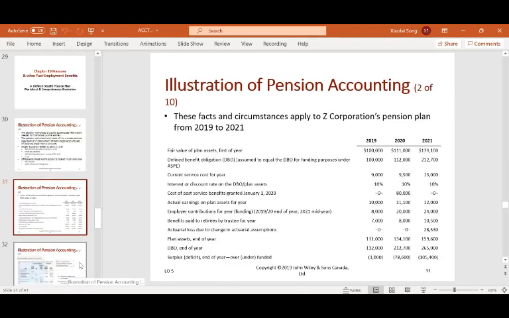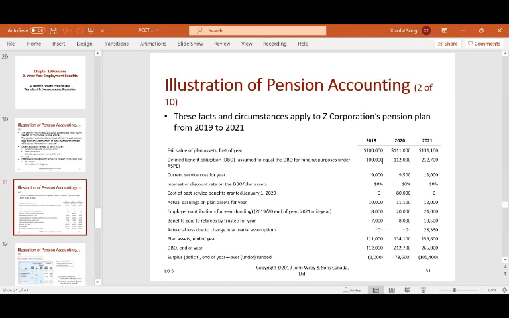So this is our illustration problem. There's more information given than we need. So we have a look here. We start out with plan assets and defined benefit obligation. In the first year of our example, 2019, both plan assets and the defined benefit obligation are 100,000.